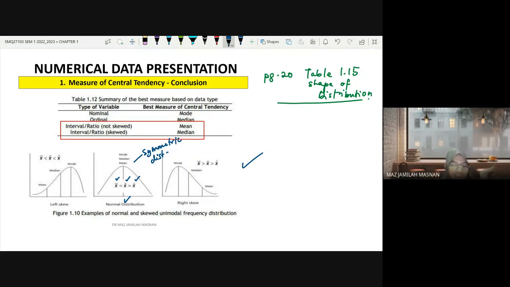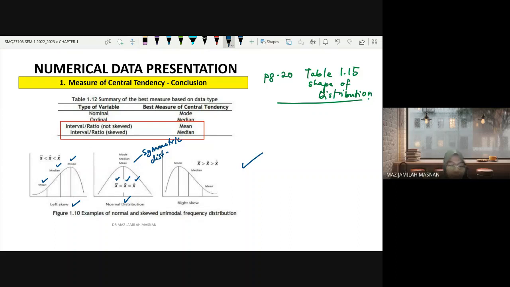Now, if the value of your mean is smaller than the median and the median is smaller than the mode, then we call it a left skewed distribution. This concept we like to ask in quizzes and in your midterm exam, so please understand this concept carefully.